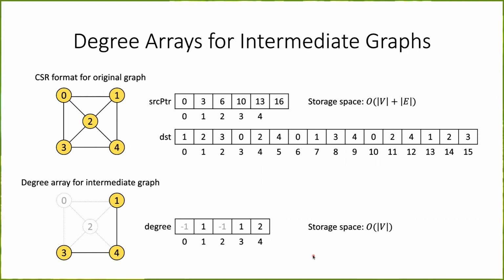So it also stores what vertices have been deleted. And we can use this degree array and the original graph, which all the thread blocks will have access to, and there will only be one copy on the kernel, in order to check the structure of the intermediate graph that we have.